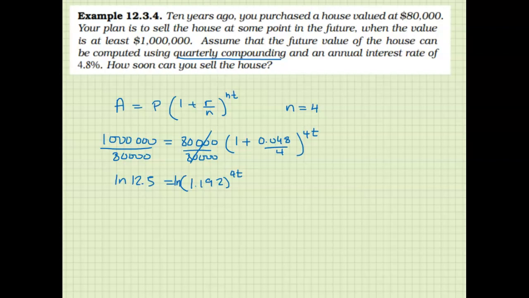Because this is not a base of e, the exponent comes down. So we have log of 12.5 equals 4t log of 1.192. Isolate the t, so we've got to divide by log of 1.192, and also divide by 4.